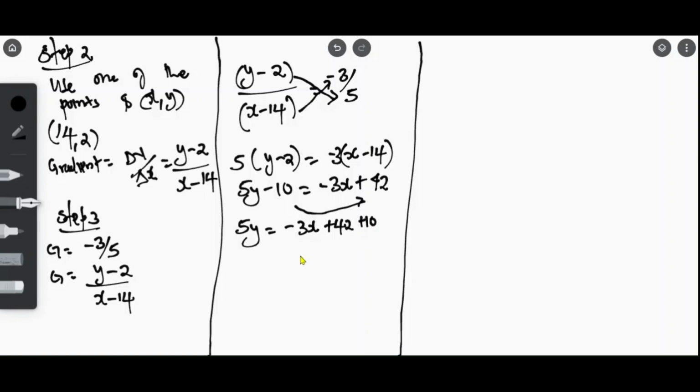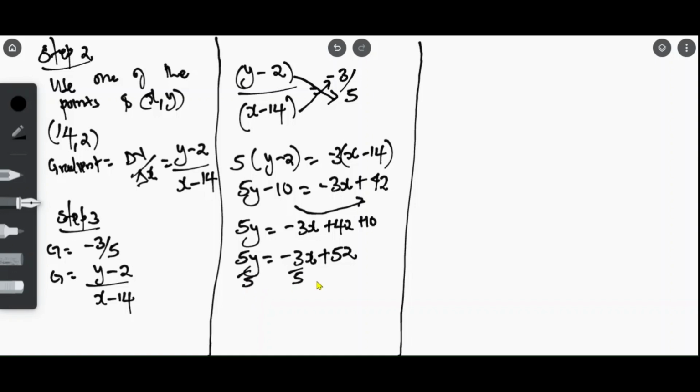I add 10. So that my answer will be 5y is equals to minus 3x plus 52. 42 plus 10 equals to 52. This has moved to the other side. It changes the sign. It was negative, becomes positive. I can leave my equation that way, it's still correct, or I can remain with y on one side alone, so that I divide here by 5.